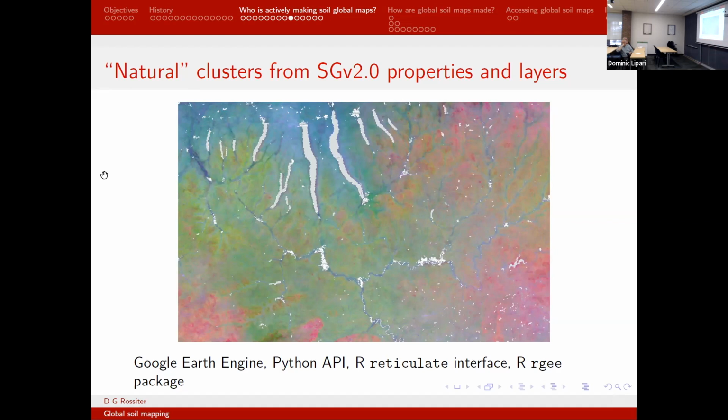I think I put this on my website. I have to remember the technique. It's all in R, of course. And you get at least an idea of the general zoning of your area according to the soil properties. So I thought this was actually pretty good. This was using Google Earth Engine. And the white is because we don't map in the city, in the water, or in the urban areas.